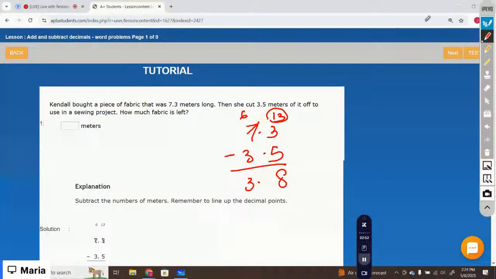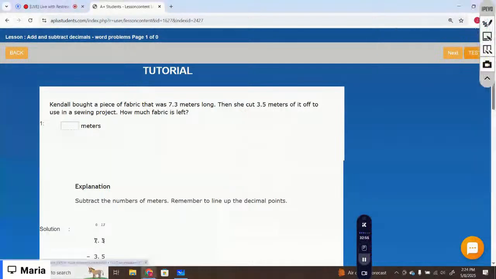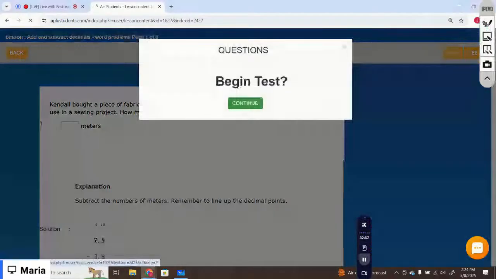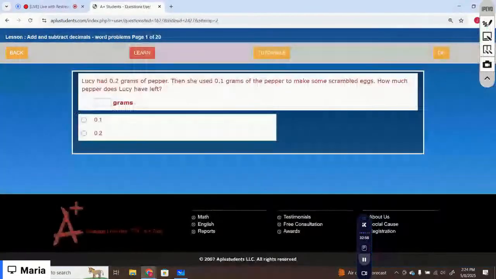Let's just start with the test questions. Lucy had 0.2 grams of paper. She used 0.1 grams of paper to make some scrambled eggs.